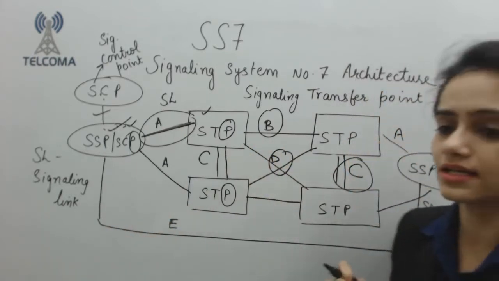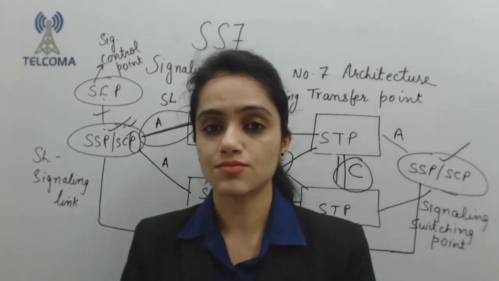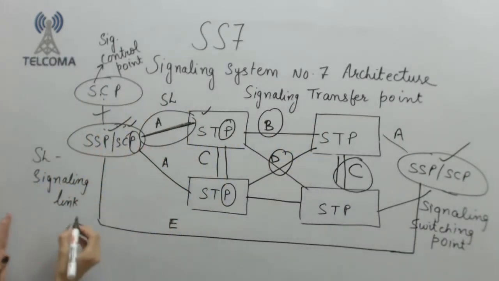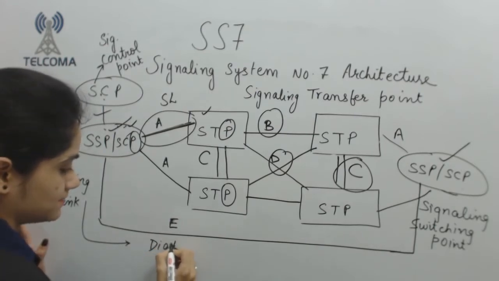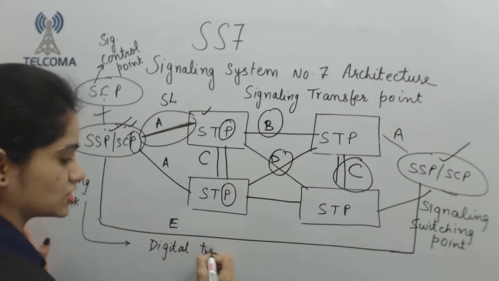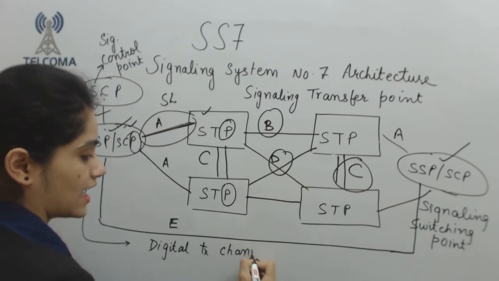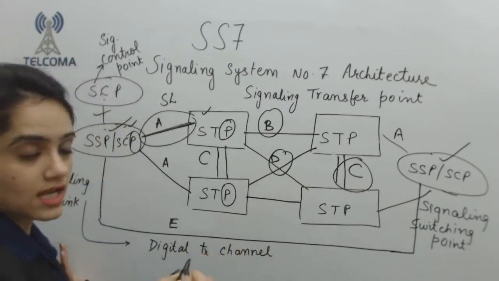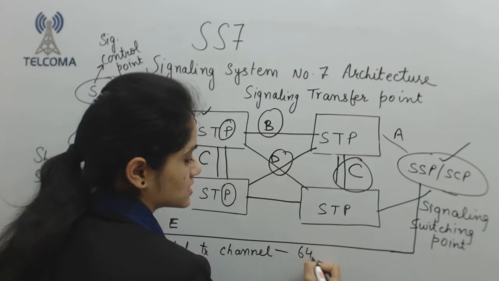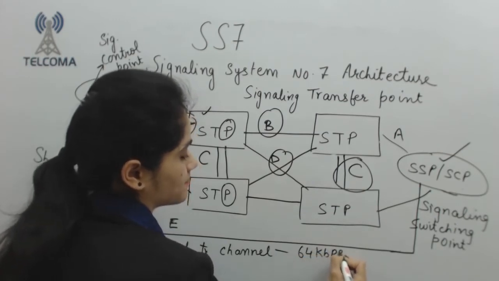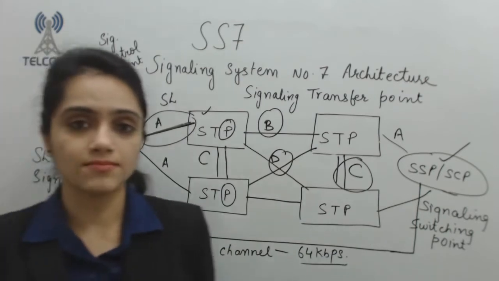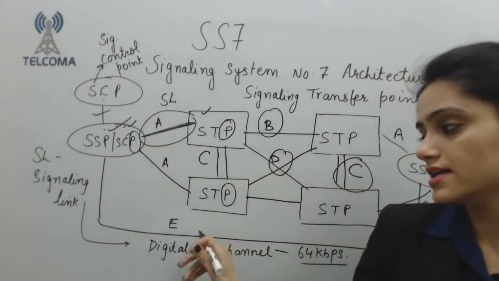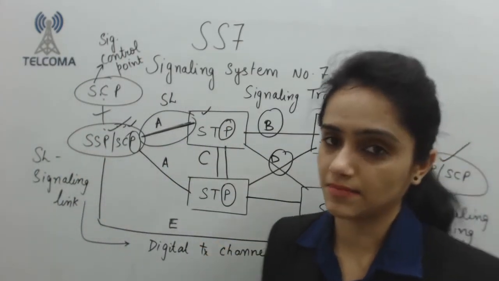Now this signaling link is a digital transmission channel, and this digital transmission channel is of 64 kbps. That means each and every signaling link A, B, C, D, E is of 64 kbps.